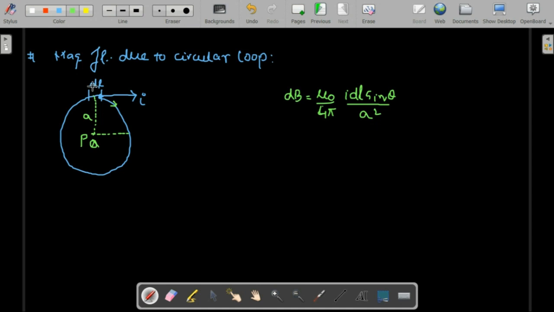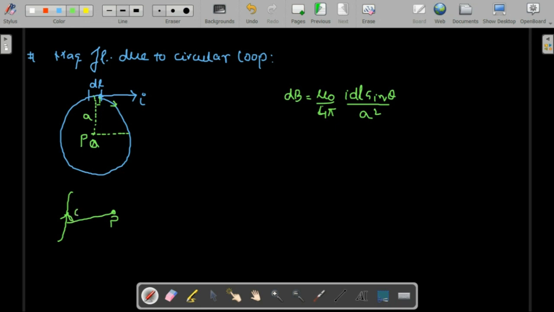Now you see this dl and current are in the same direction and a is in this direction. That means if you consider a three-dimensional picture and it's creating a tangent at any point, according to geometry, this particular angle between a and dl will be nothing but 90 degrees, right? So if you remember, when we talked about the Biot-Savart law, we were going to find the magnetic field at this particular point P, and we drew a line.